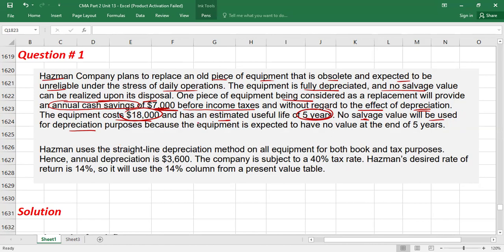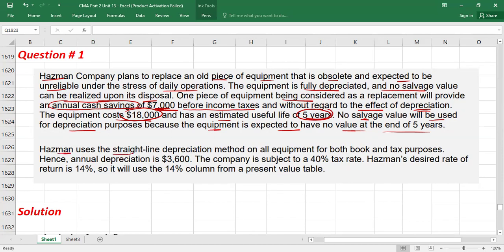Then they're saying that the equipment is expected to have no value at the end of year five, and he told you the reason why we are not considering salvage value. So salvage value is zero, and usually when we calculate depreciation for tax purposes, we don't consider salvage value.